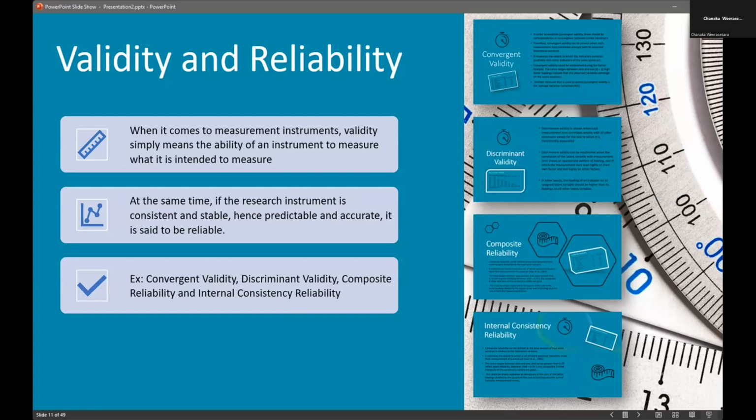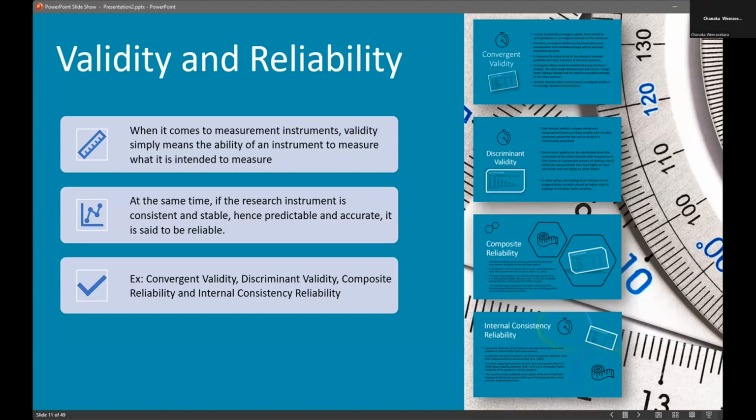So I am talking about the instrument we are using. Since we are dealing with the quantitative analysis, here we are dealing with questionnaires. Questionnaires is one of the broadly used instrument in quantitative research.